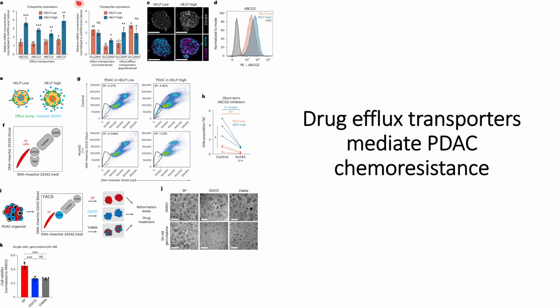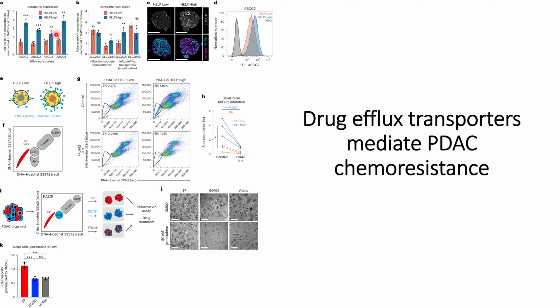In panel A, from the literature, they came to the hypothesis that many drug efflux transporters are present in pancreatic tumor cells. So they wanted to check the effect of high HELP compared with low HELP on these drug efflux transporters. Some of the results are shown here: ABCG2, ABCC3, ABCC4 and ABCC5.